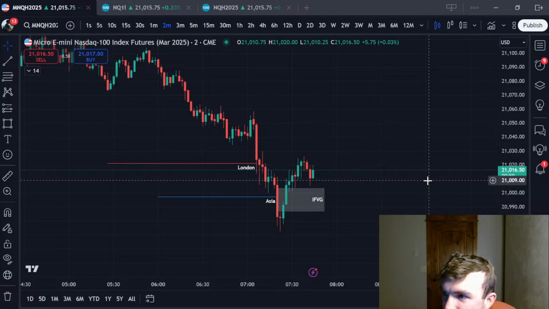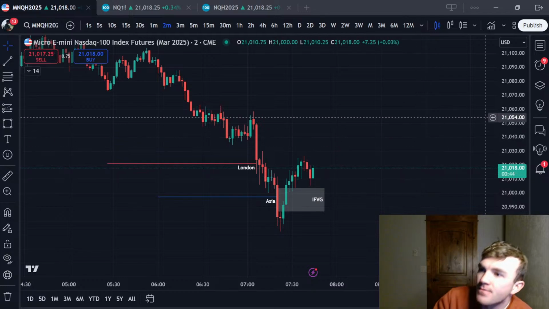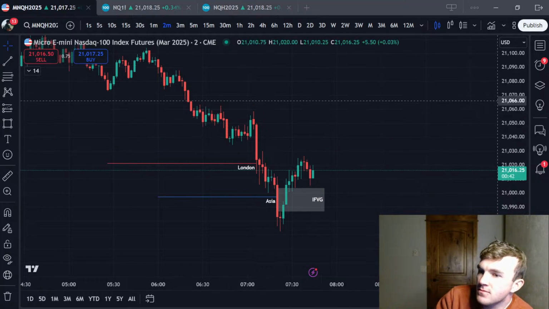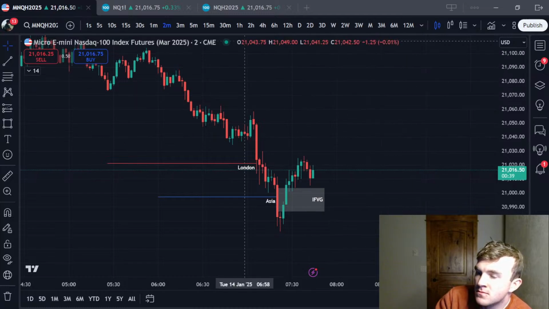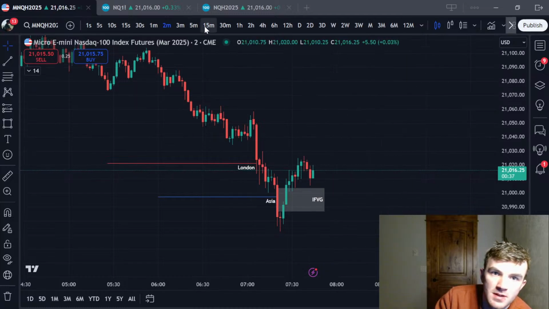What's next here? Key levels. Let's do key levels.